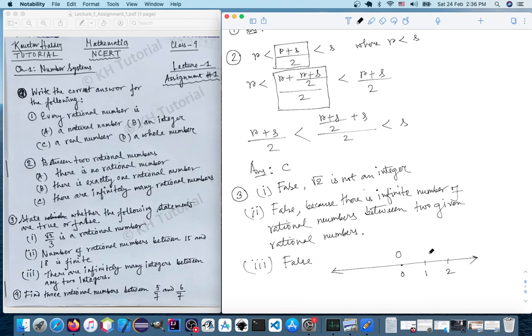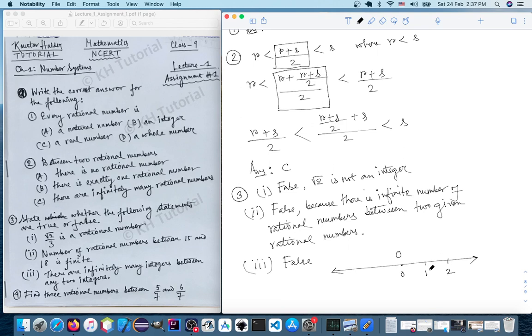Not, sorry, I said it wrong. I just said that there are no integers between any two integers. No, that is incorrect. It is not that there are infinitely many integers between any two integers. There is a finite number of integers between any two integers.